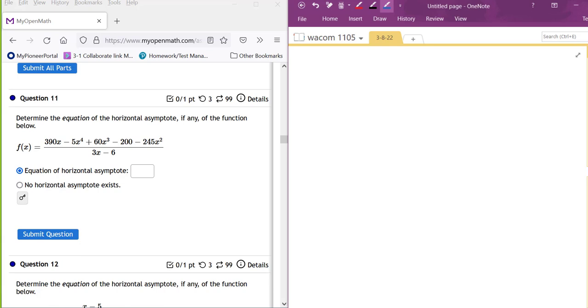Remember, degree will be the highest exponent, and these might not be in descending order, so don't necessarily just pick the first term. So this one, I'll write it like it is, but this one is not in descending order.